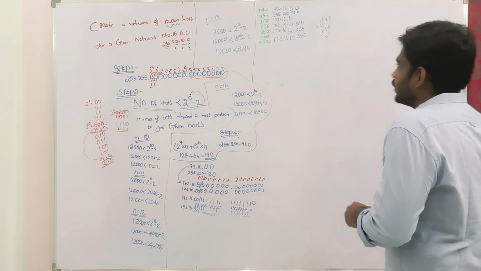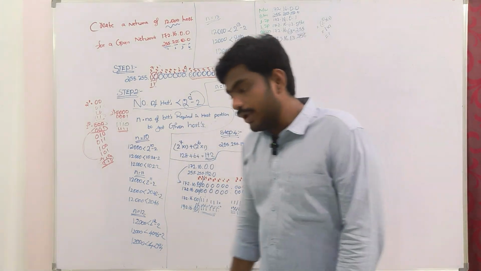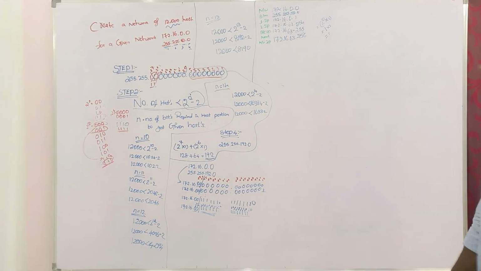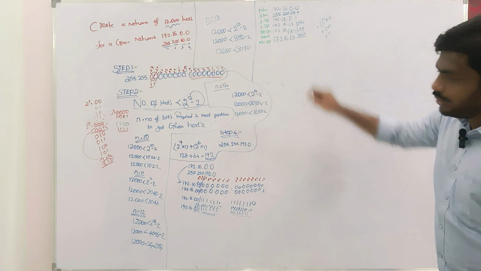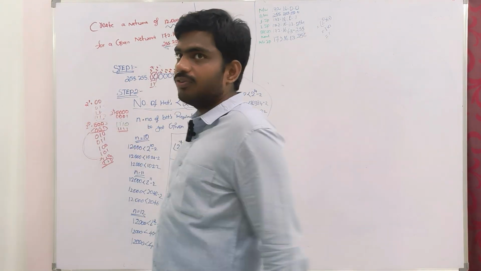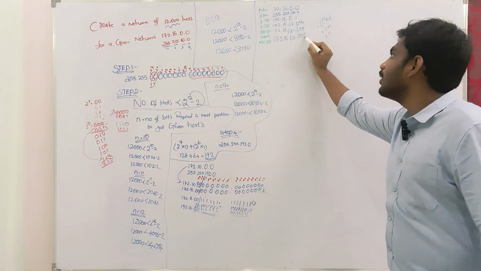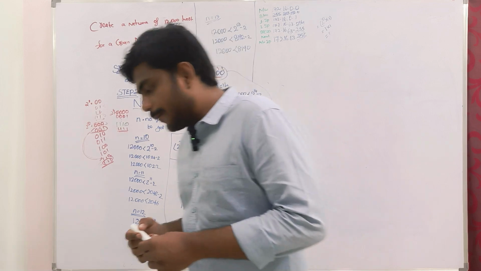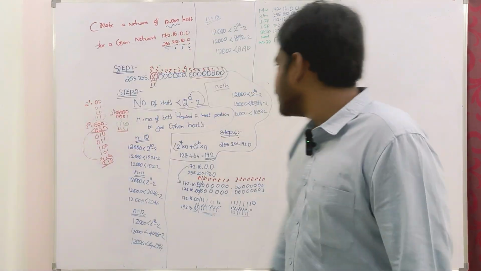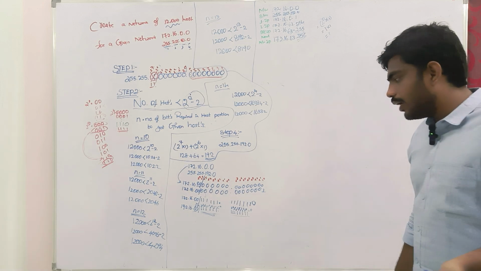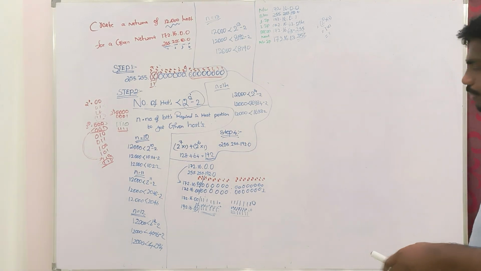Is that true? If you have any doubt while solving problems, you just ask yourself: what is the range of an IP address? From 0 to 255. Is 256 available? No, it's not possible.